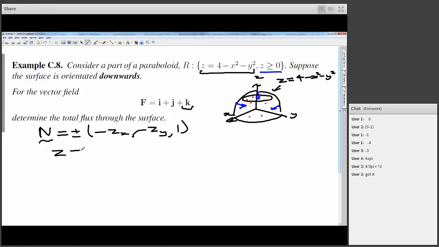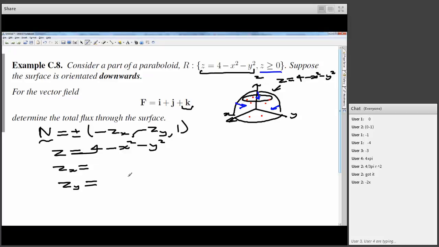So z here is 4 minus x squared minus y squared. Let's make sure you're not asleep. What is z_x equal to, and what is z_y equal to? Let's work out these partial derivatives. Thanks for staying, by the way. I'm going slightly over time.